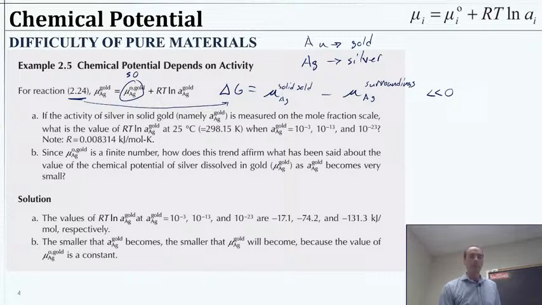So the smaller that this activity of gold becomes, the smaller that the chemical potential will become, because the value of the standard condition is a constant. That's the key here. The standard condition is a constant.